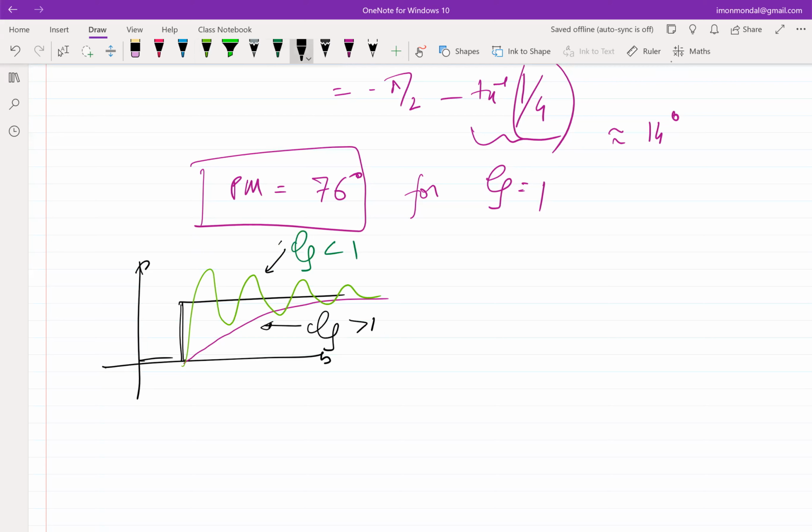Now, what happens if you go from, let's say, zeta equal to 1.5 to 1? What will it look like? It will come faster, but it will not overshoot. But if this is zeta equal to 1, now if I go from 1 to, let's say, 0.9, it will start overshooting.